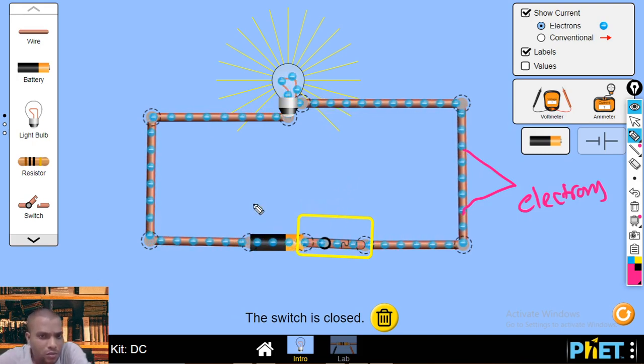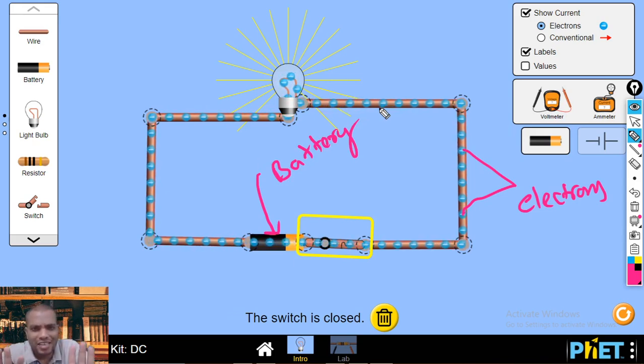Now why are the electrons moving? Because of this battery. The battery pushes the electrons. That is a different concept, we can talk about it when the situation comes. When electrons are moving, you can see the direction.